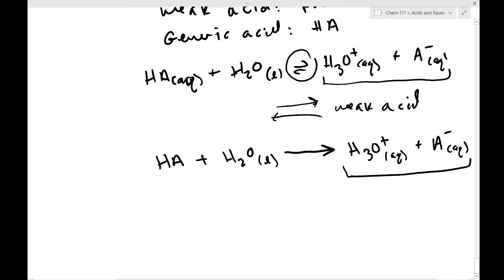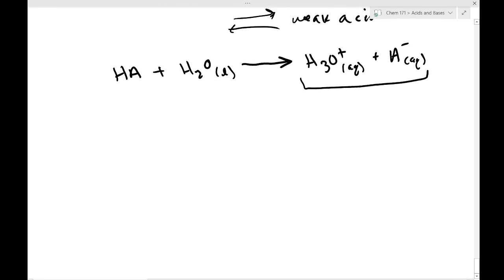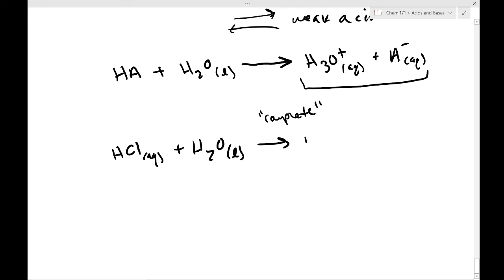Generally it works out because the amount of substance that's left over that's associated is so tiny that it doesn't really affect any of the chemistry that we do. For example, HCl is a strong acid, so when it reacts with water, it completely dissociates into H3O plus and Cl minus.